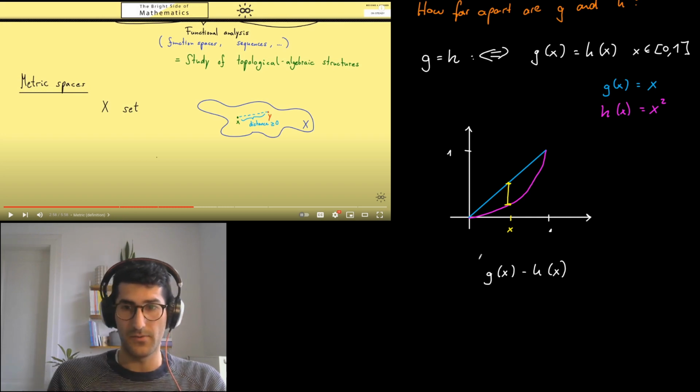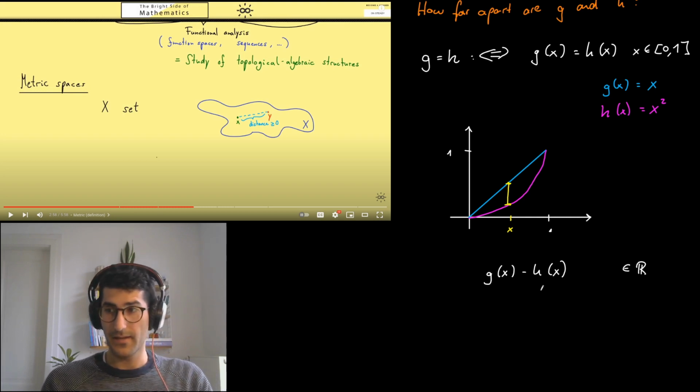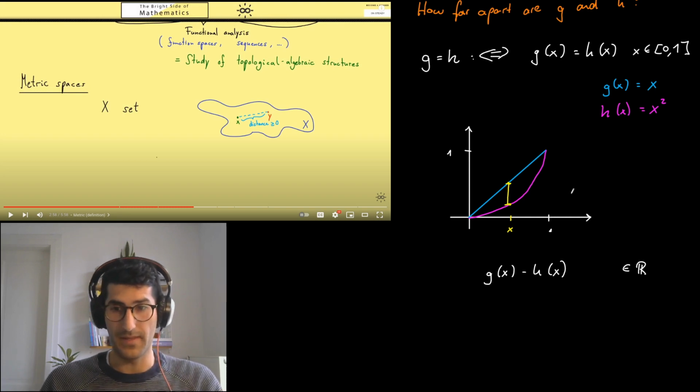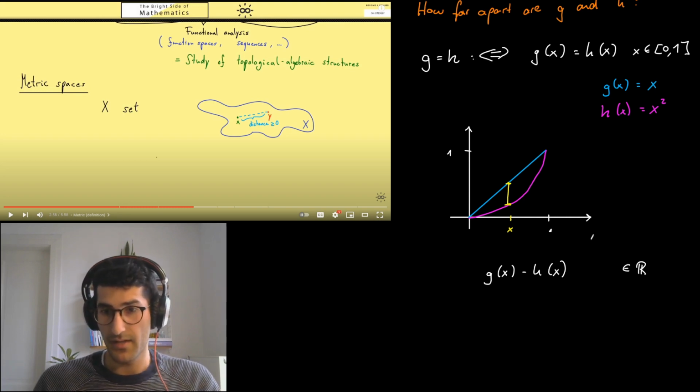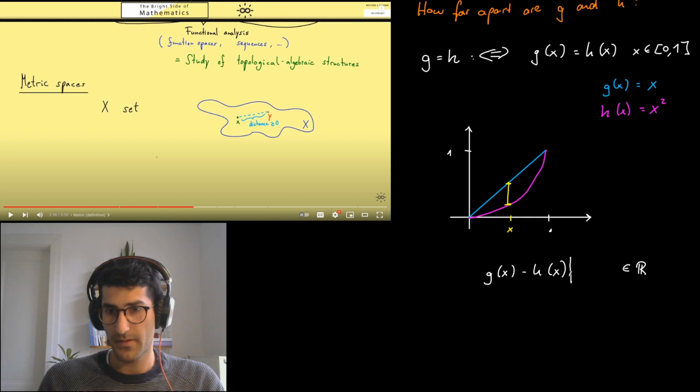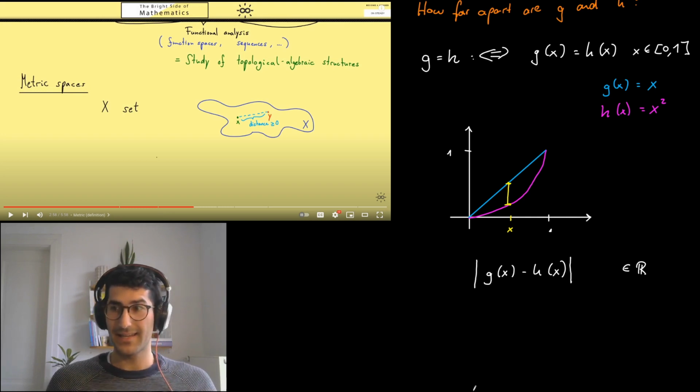So this difference here would just be a real number, and to make it a positive number we use a property of the absolute value, which we know already from real analysis. Taking the absolute value is something like the natural distance of 2 numbers. Some concept that we already know.